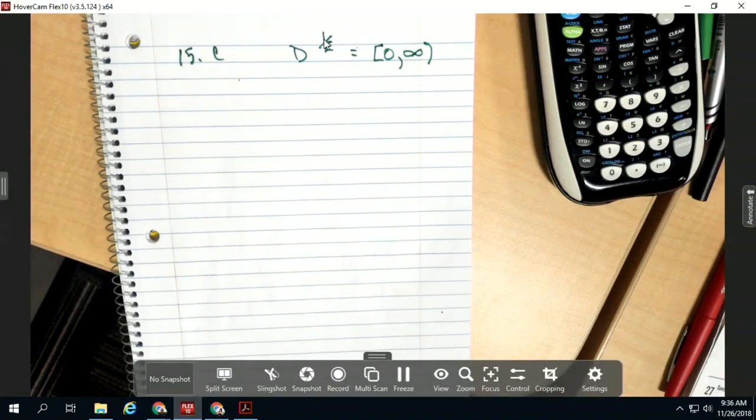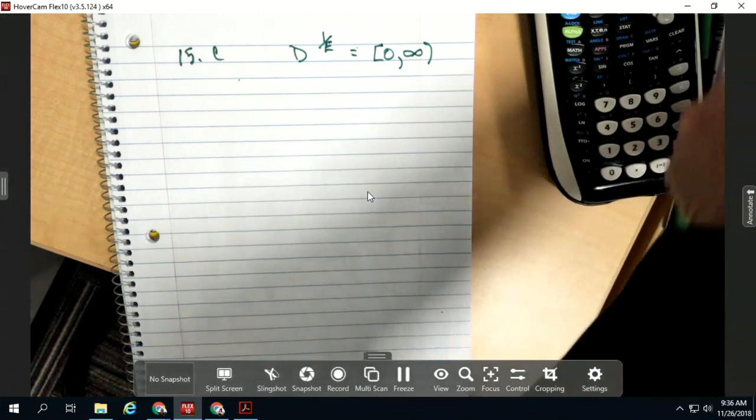So I wrote 1 over e for even number. The domain goes from 0 to infinity. Remember, you can't take the square root of a negative number, right? Okay, so this is just an expansion of that.